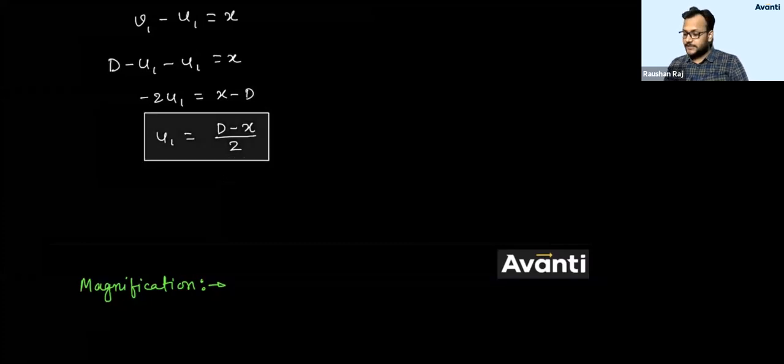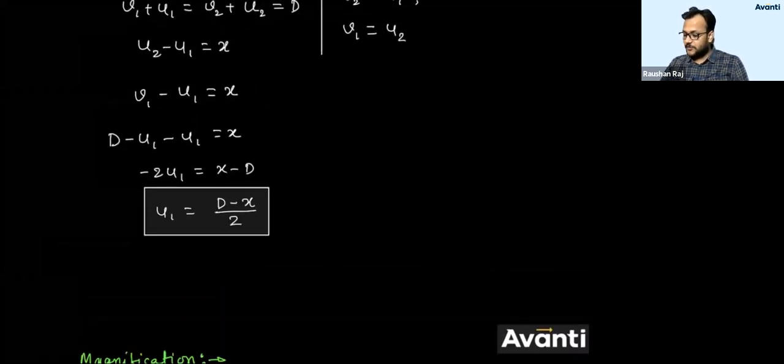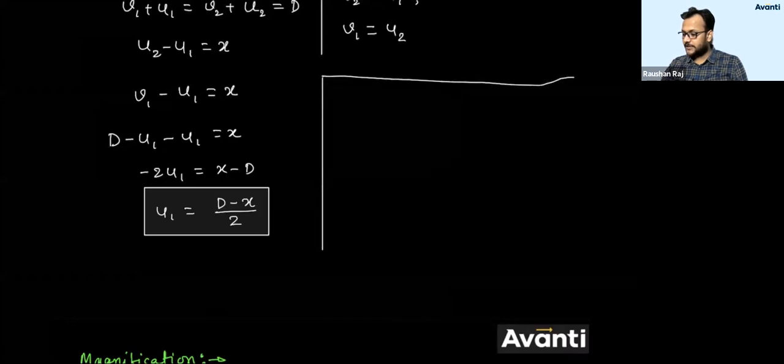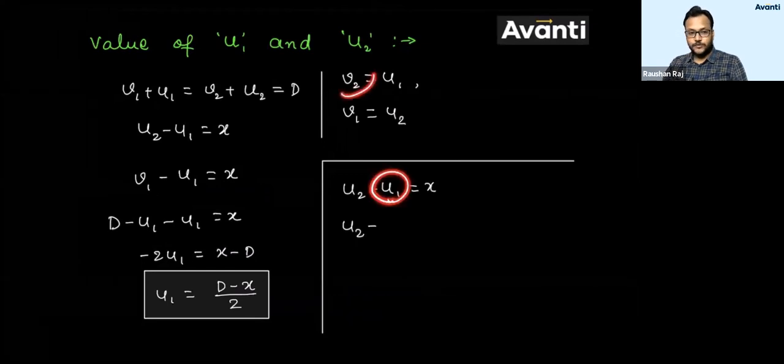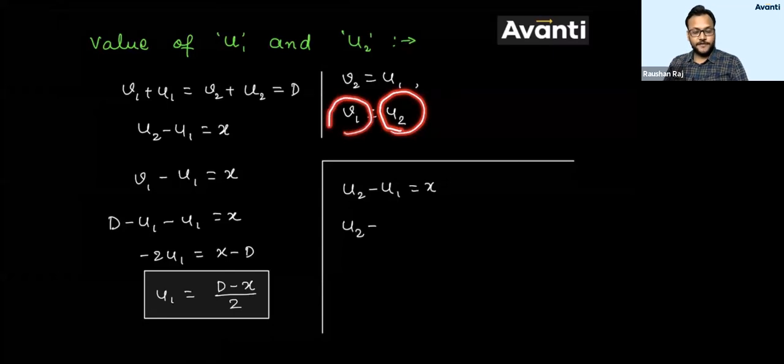Similarly, if I ask you to get me the value of U2, तो देखो similar arrangement हम करेंगे. यहाँ पे क्या arrangement होगा? I would write, यहाँ पे लिखा हमने U2 minus U1 is equal to X. I will write U2 minus, I'll replace this U1 with V2, because object distance for first will be image distance for second position, or object distance for second will be equal to image distance for first position.